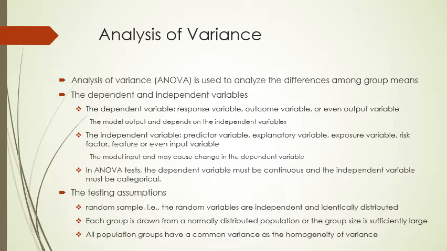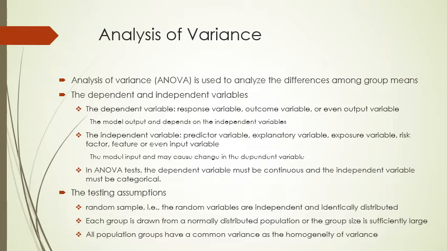In the ANOVA test, we first need to learn the concept of dependent and independent variables. The concept is frequently used in the ANOVA and the regression tests. The dependent variable is also called the response variable, outcome variable, or output variable.